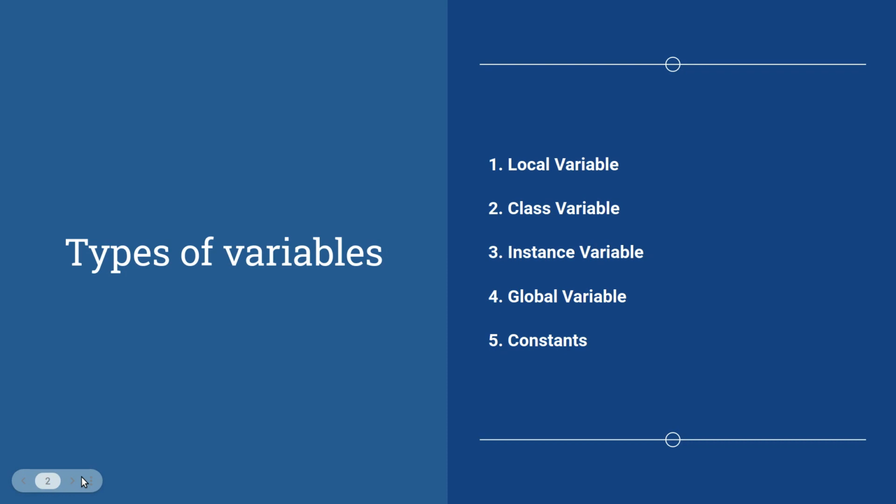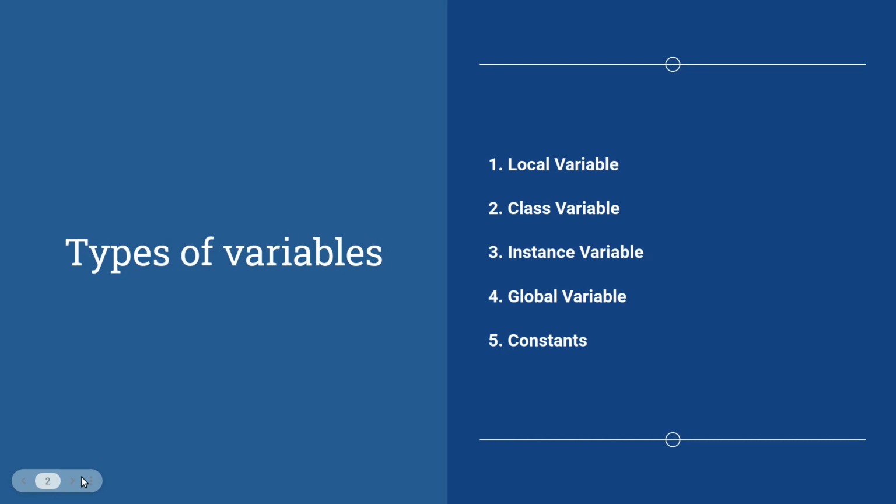So all these five variables we will use in upcoming lectures. Sorry, not all these five, only four: local variable, class variable, instance variable, and constants. We don't use the global variables. However, we will try to understand how it works and how it can lead to inconsistency, but later in the course.